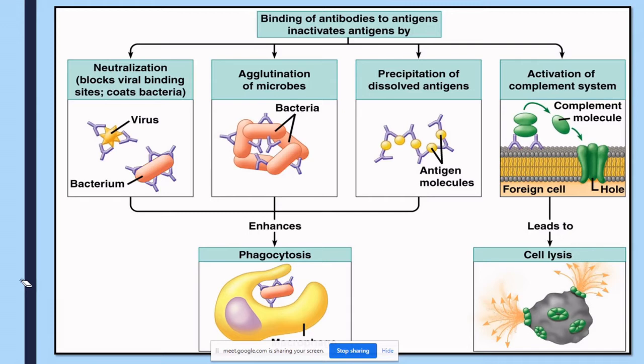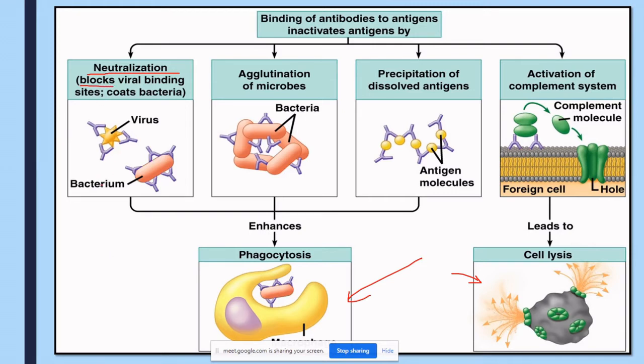What is the difference between neutralization and destruction? What you are seeing here in the leftmost block is neutralization. Are we actually degrading the virus or bacterium? No, we are not killing them, right? We are just blocking. This word is important.